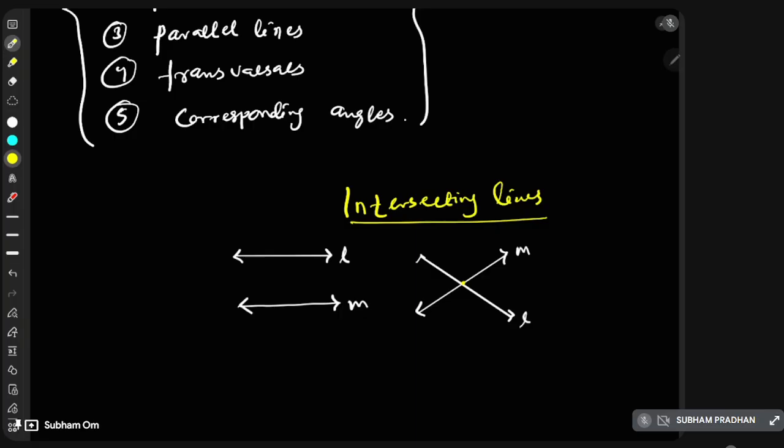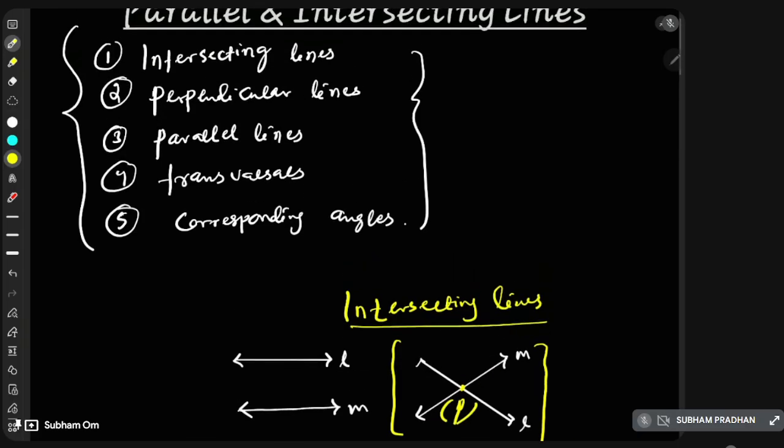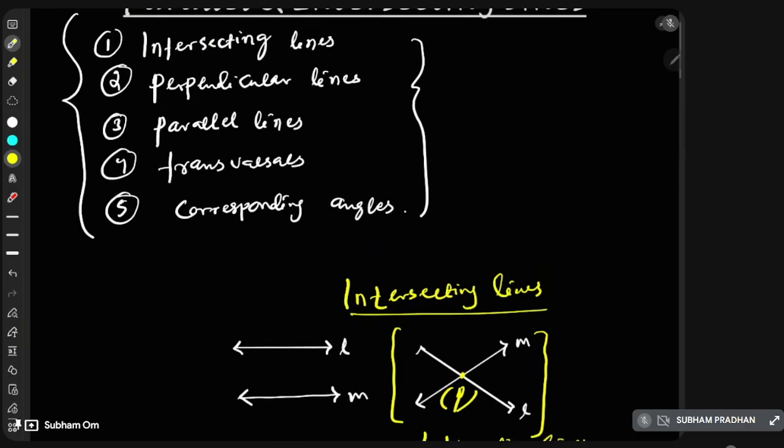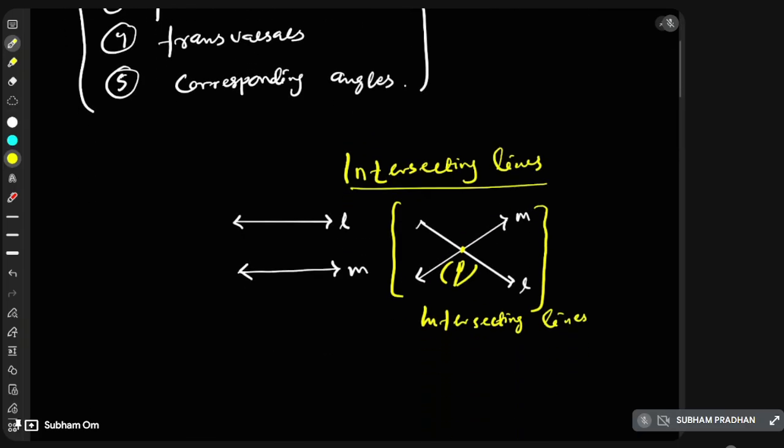Let's say that point is P. This kind of lines are called intersecting lines.